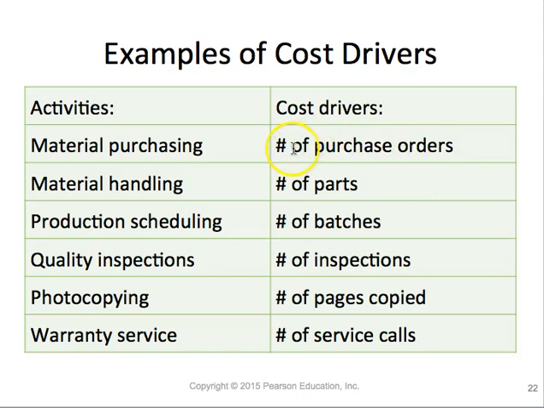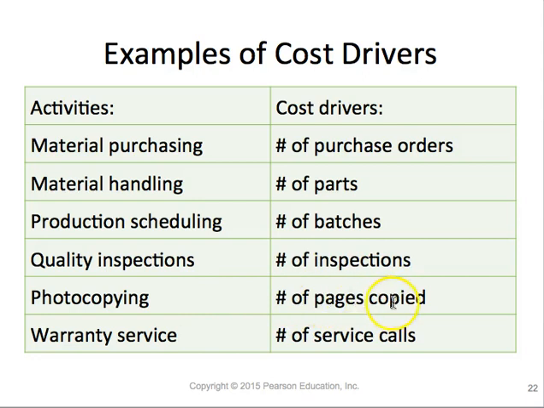So here is another example. So we have activities, this is the cost base, and the base is the cost drivers, and machine purchasing will be the number of purchase orders. Material handling is the number of parts. Production scheduling is the number of batches, and quality inspections, the number of inspections.